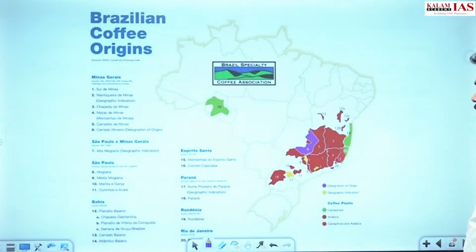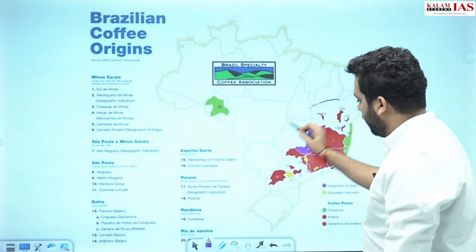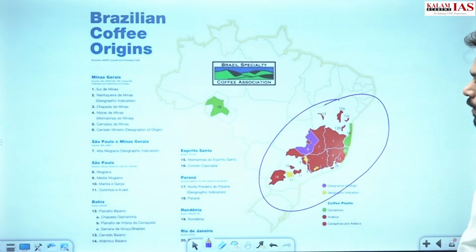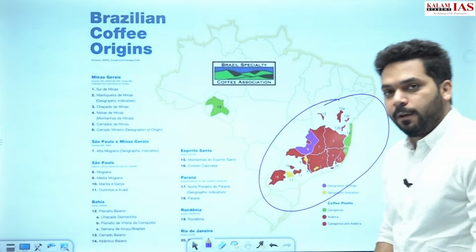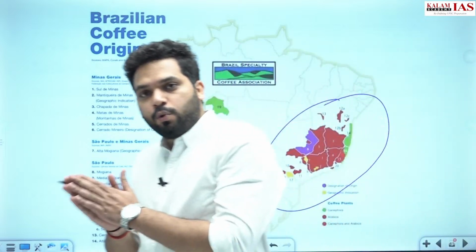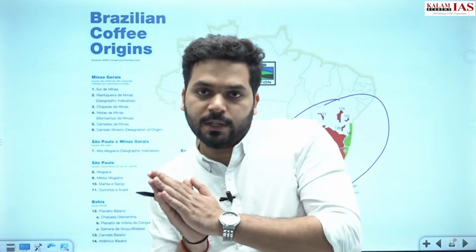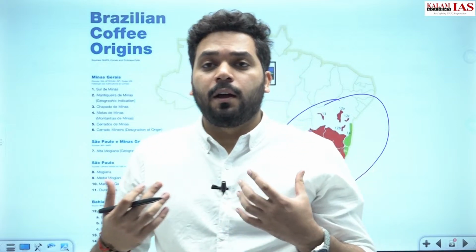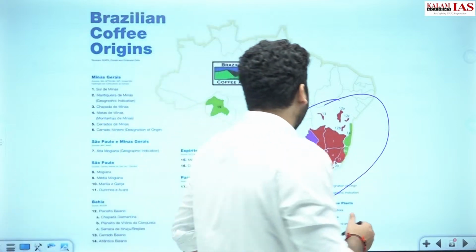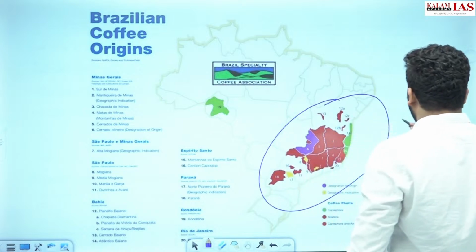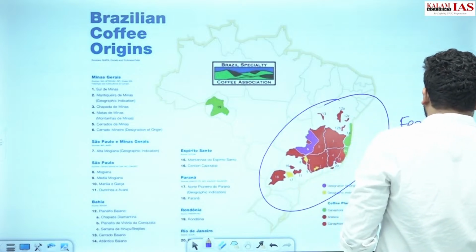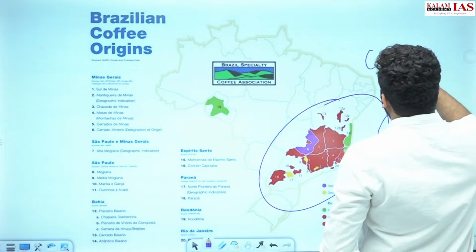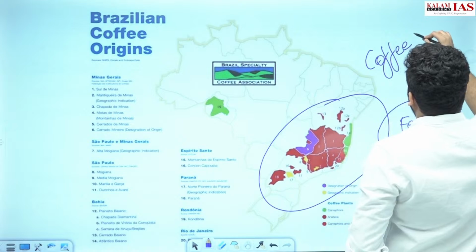This is the Fazenda region, the Brazilian coast, towards the Atlantic Ocean, and it is famous for coffee production. So if there is a question on fazendas, note down that it is for coffee production.